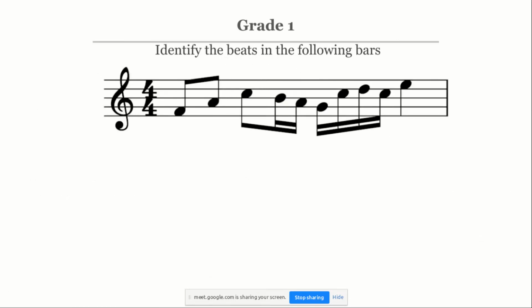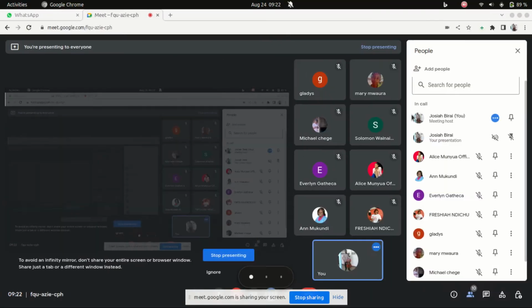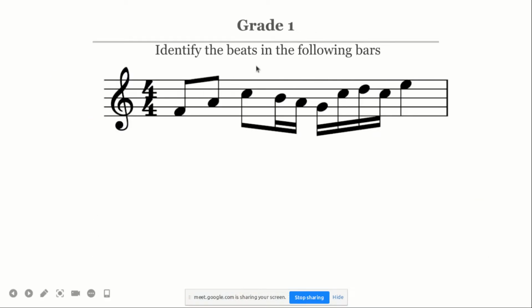So I want you to try and identify the beats in this small section that's shown on the screen. How many beats are here? Evelyn, how many beats do you see? How many crochet beats?